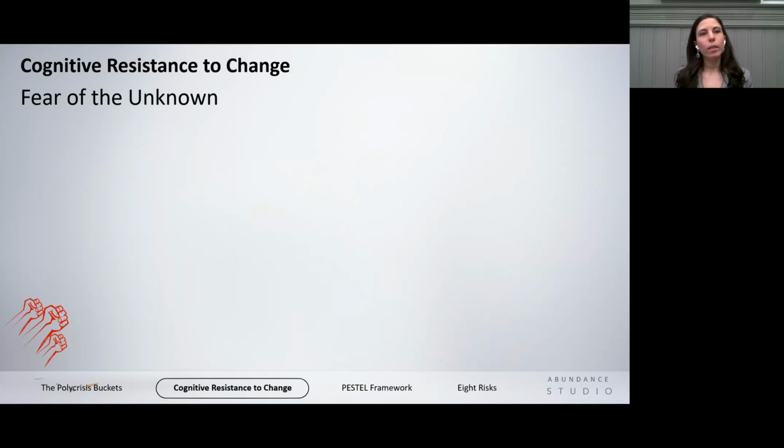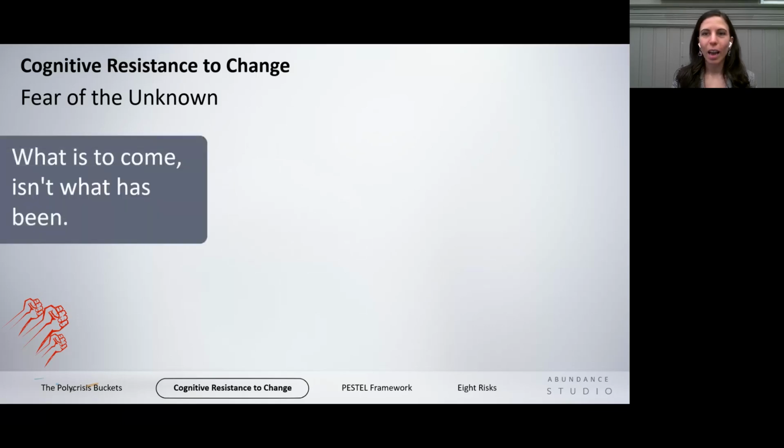And then another one is fear of the unknown, because all these new technologies that are coming about, these are our firsts ever. And so we are literally living in this new, bold world. And what is to come isn't what has been. And so we have to grapple with all of these new things. We have to make sense of them.